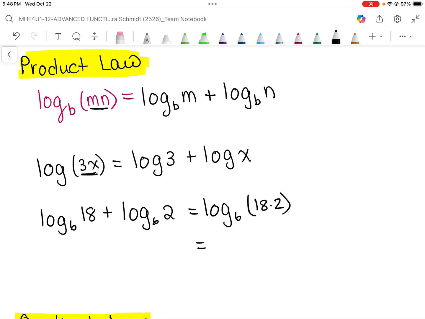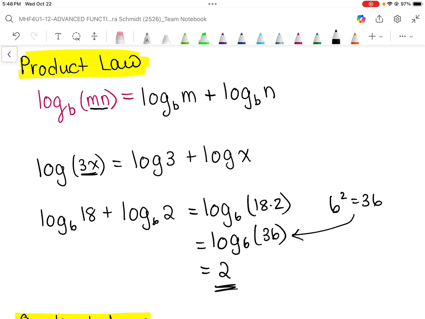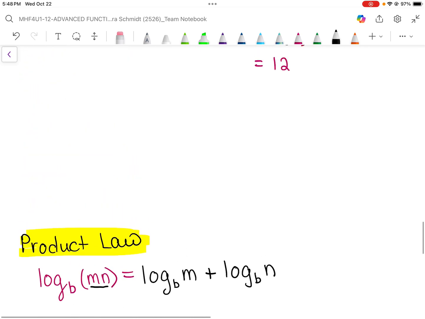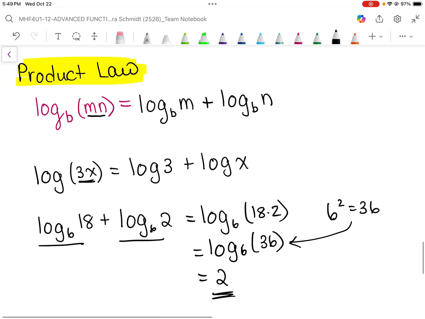So 18 times 2 is 36. And now I can solve this a little easier because I know that 6 to the power of 2 is 36. So the answer to this is just 2. So my final answer is 2. But getting there from this step would have been tricky because I don't know what those are. So sometimes that product law can help us.